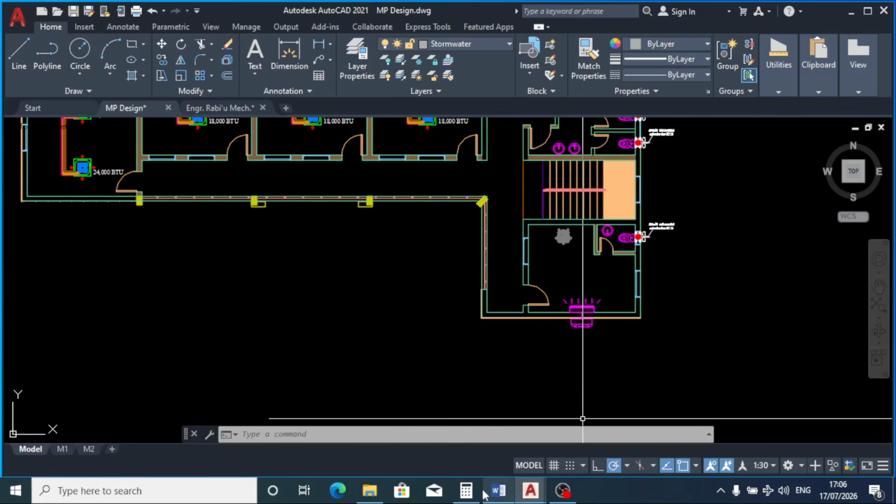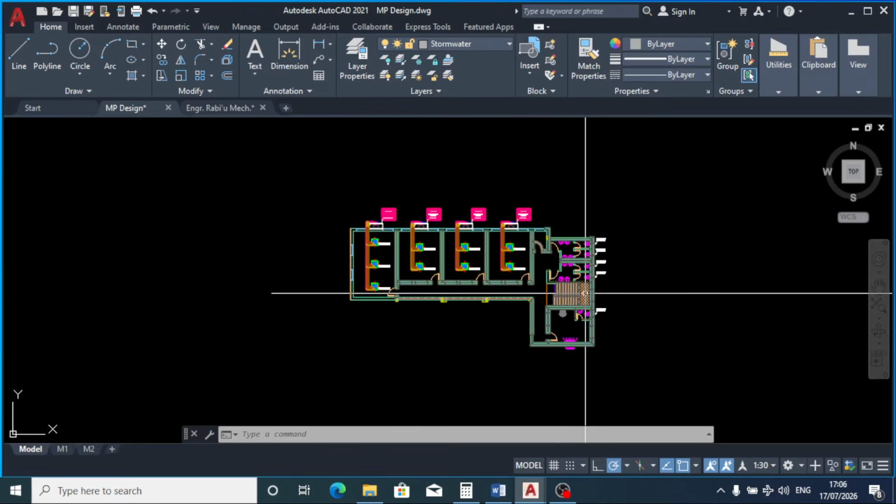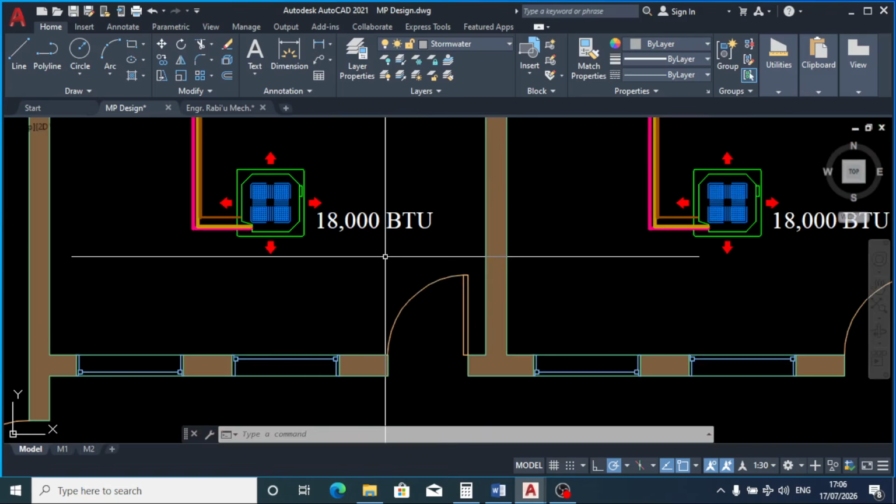But we don't have 28,000. The next capacity is 30,000 BTU, so let's use 30,000 BTU for this office.